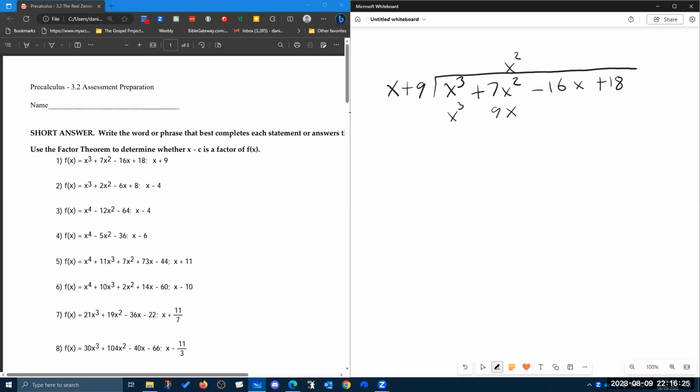We're going to subtract now by changing our signs and adding. Now we're going to bring down. We're going to do the same thing again. Negative 2x squared divided by x is a negative 2x. Multiply, it's a negative 2x squared plus a minus 18x. We're going to change our signs and add.